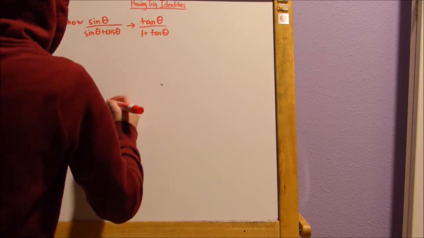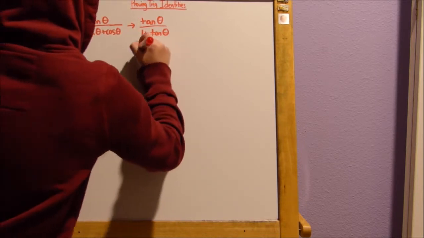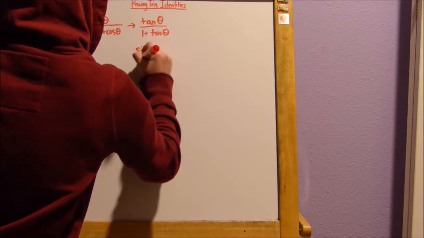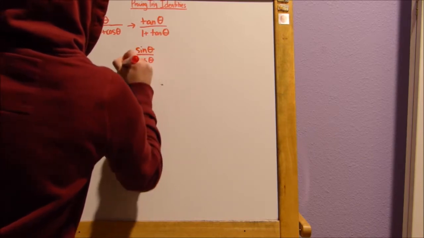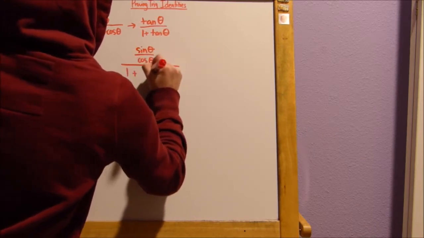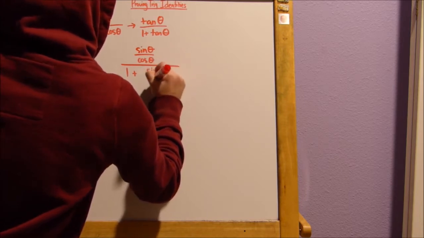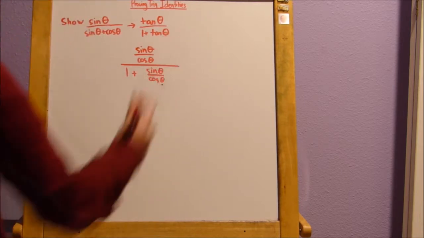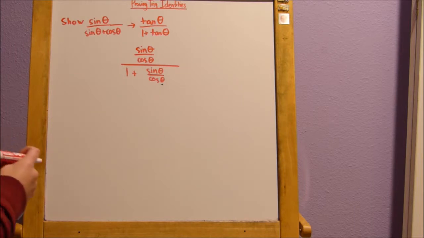So here we have tangent of theta. We're going to rewrite that as sine of theta over cosine of theta over 1 plus sine of theta over cosine of theta, right? That's the same thing. We've just rewritten it using some of the quotient properties. Okay?